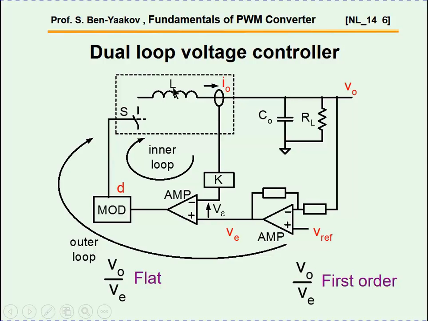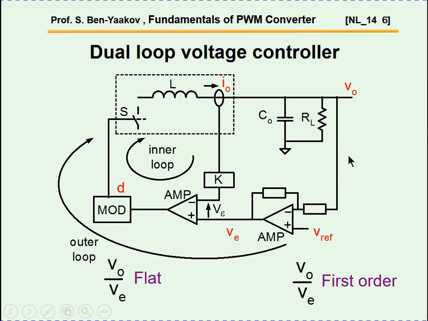We have an inner loop. This is the current loop, the inner loop, measuring the current of the inductor, comparing it to the error signal, and then feeding it to the modulator. This error signal now is an output of an error amplifier which compares the output to the reference which is required.